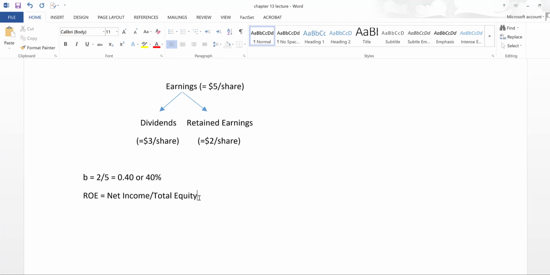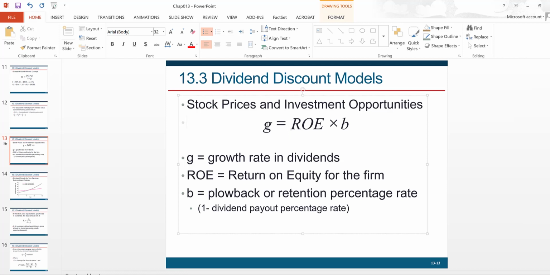And what we are assuming here is that the firm can also find opportunities to invest in at that same rate of return that the shareholders are earning. So part of the earnings are retained by the firm, and then those earnings are reinvested into the business. How much is retained and how much you can earn from reinvesting into the business, you take the product of those two and you get the growth rate for the firm, right? So that's the intuition behind this relationship.